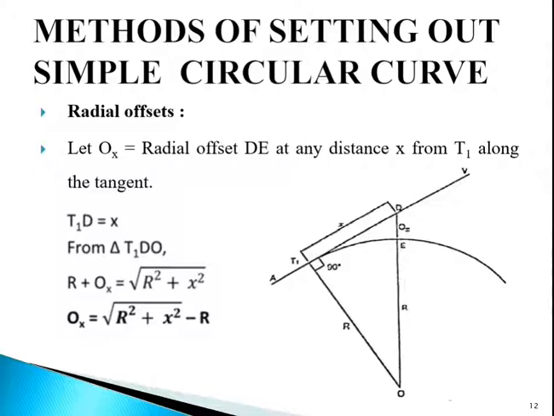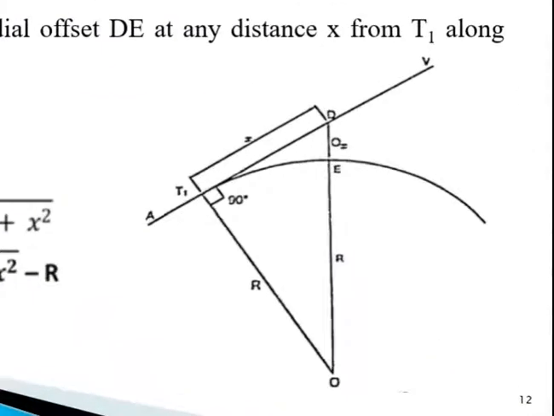Let OX be the radial offset DE at any distance x from T1 along the tangent, as we can see in the image.